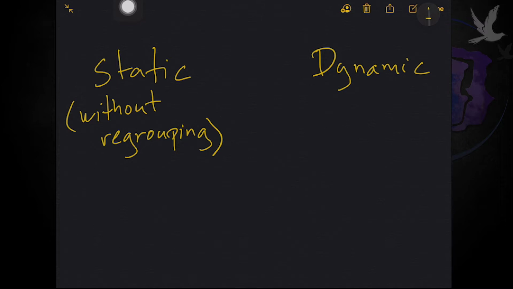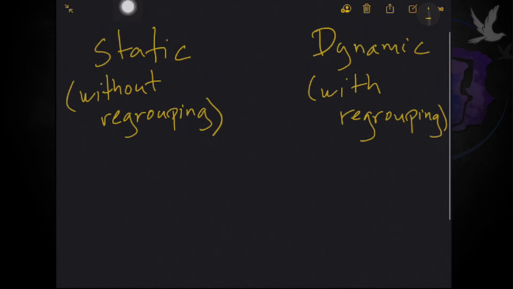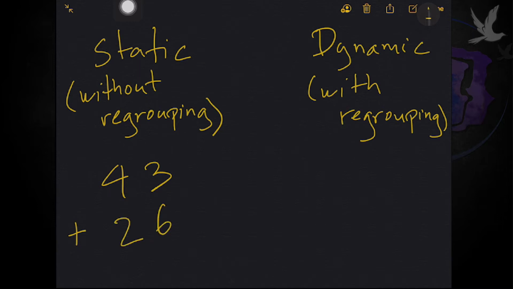While for dynamic, it's with regrouping, which means there is carryover. Okay, so for example, we have 43 plus 26.